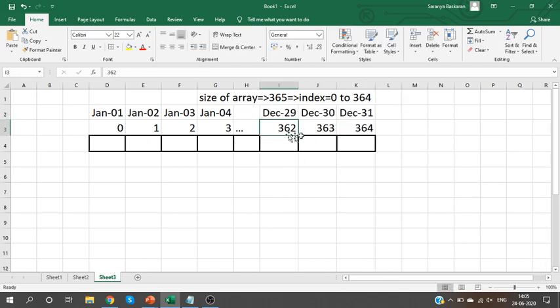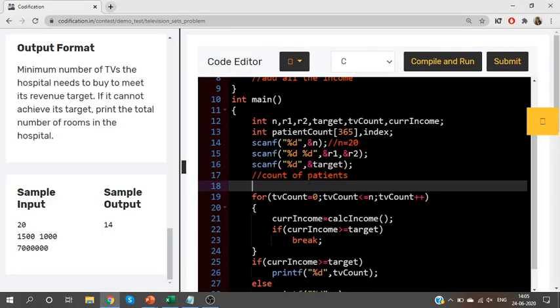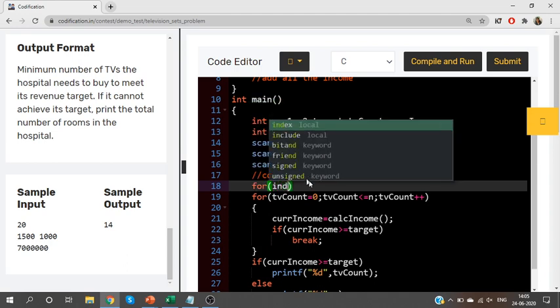Like that the values are going to be stored. Clear? Have an array of size 365 starting from Jan 1 till December 31st. So the first value for Jan 1 is stored in 0th index, for Jan 2 store it in first index. Clear? So start from index 0.